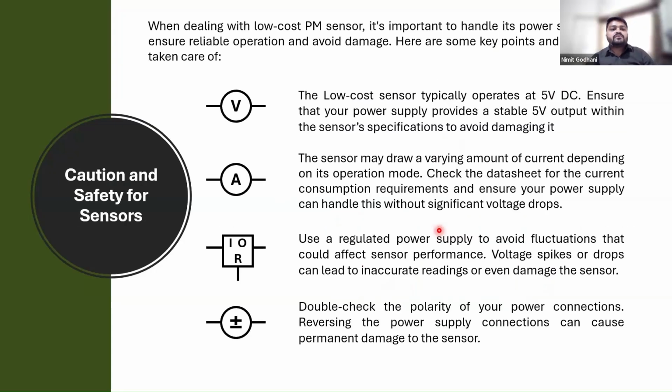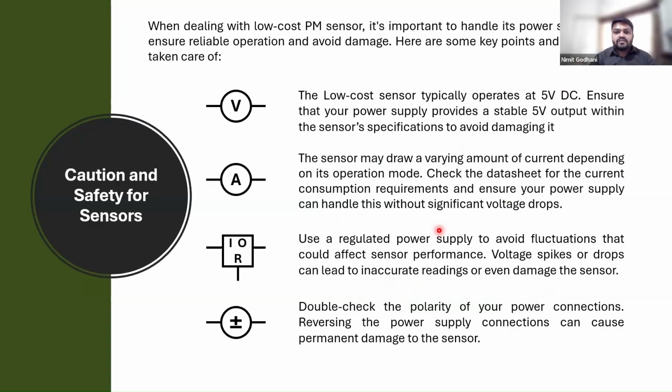For the safety guidelines of the sensor, we first consider voltage. In remote areas, or everywhere you go, voltage fluctuations are the most common, so you have to ensure that the voltage is very stable. Otherwise, you can add a battery bypass or something like that.